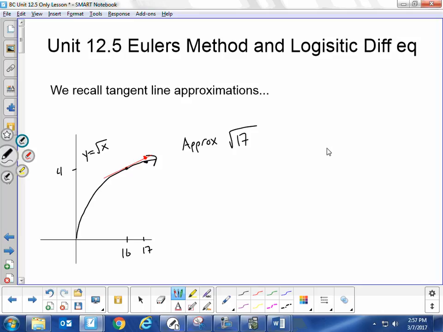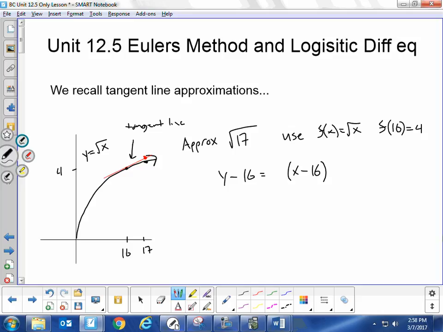Well, we would say, okay, we're going to use f of x equals root x, and the fact that we know f of 16 is equal to 4. Now I'm going to write the equation of my tangent line. Remember, equation of a tangent line, we have y minus y1, the point, equals m times x minus x1.